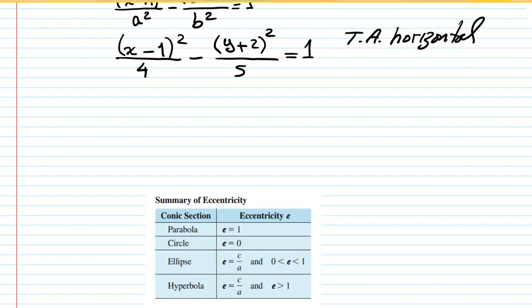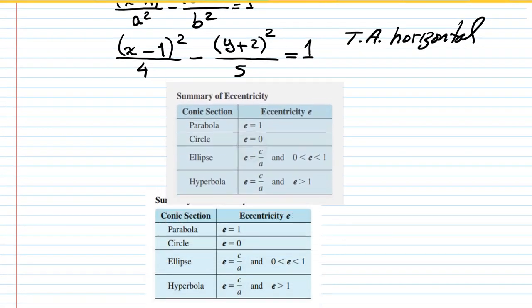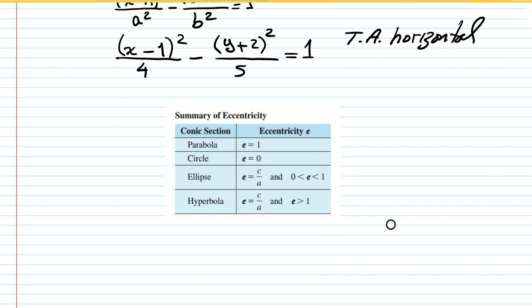Which brings us to this very last thing I've been pushing out of my way for the last 30 minutes. So here's a summary of eccentricities for the four conic sections. For a circle, eccentricity is 0. For a parabola, eccentricity is 1. Hyperbolas have eccentricity that exceeds 1. And for the ellipse, it has to be between 0 and 1. And you can see that eccentricity is positive, anywhere between 0 and infinity.